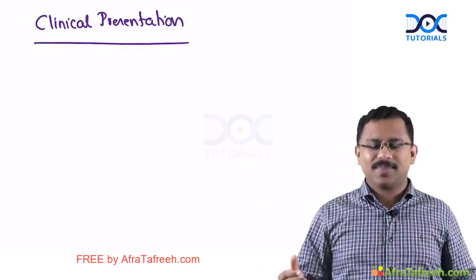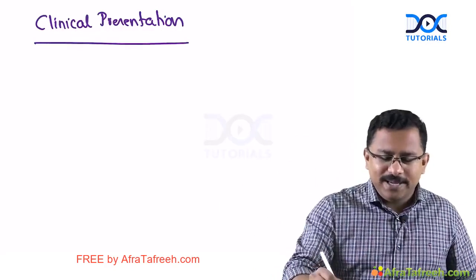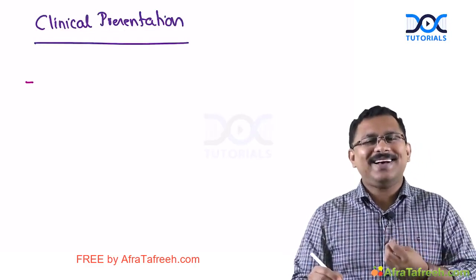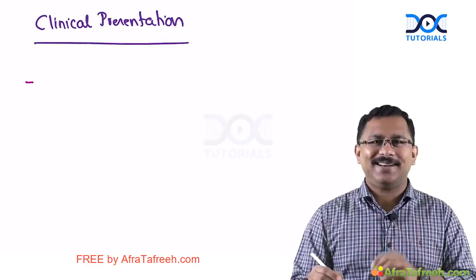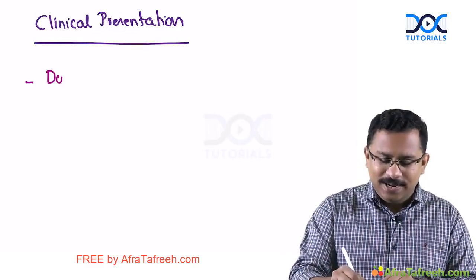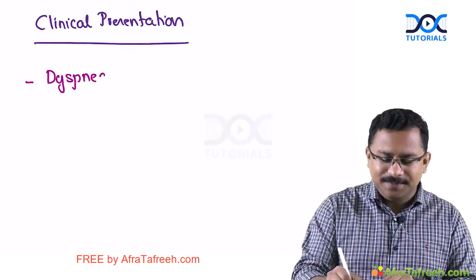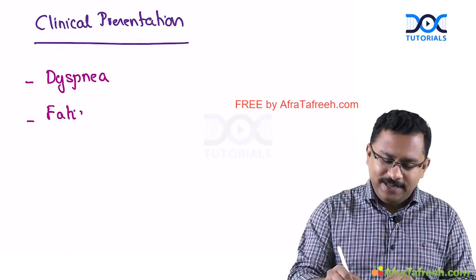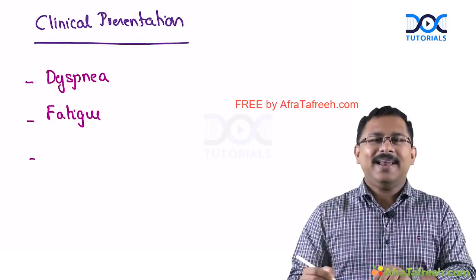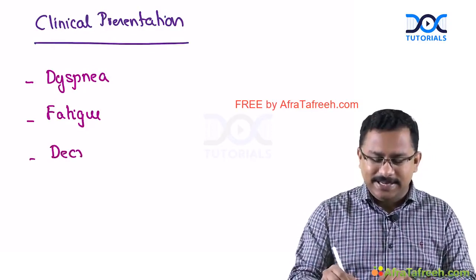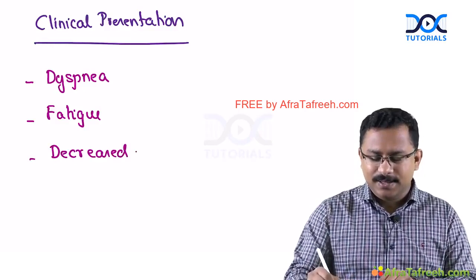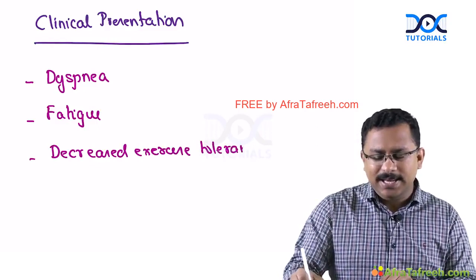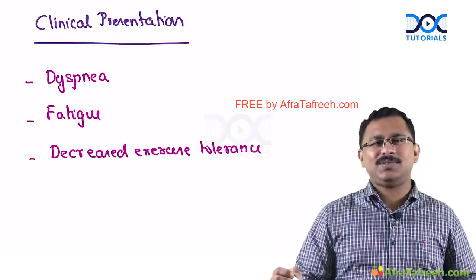When you talk of the clinical features of mitral stenosis, the early clinical features include, number 1, dyspnea; number 2, fatigue; and number 3, decreased exercise tolerance. So these will be the early symptoms of mitral stenosis.